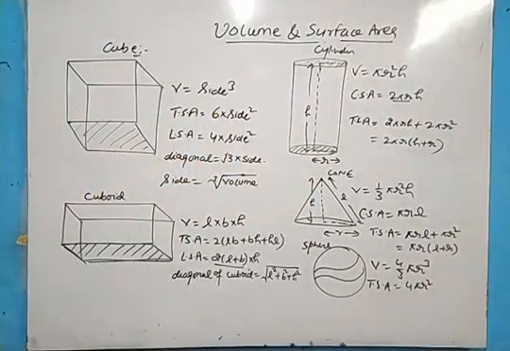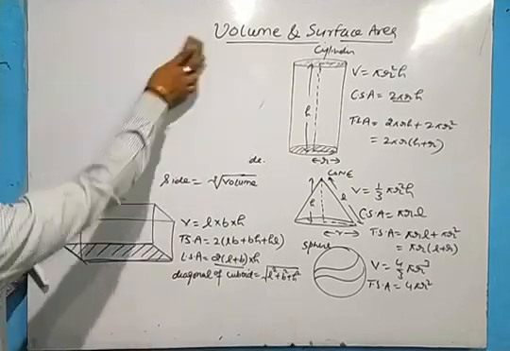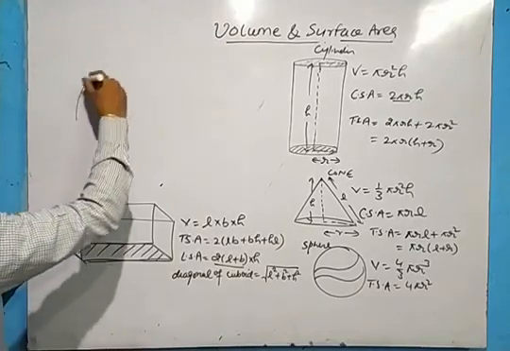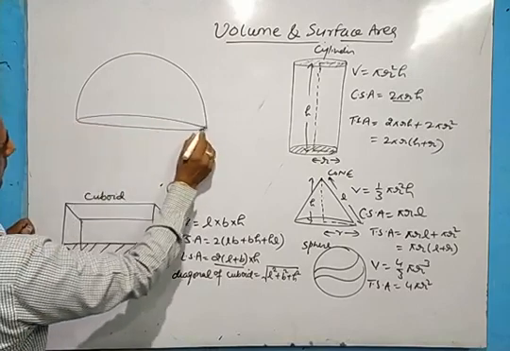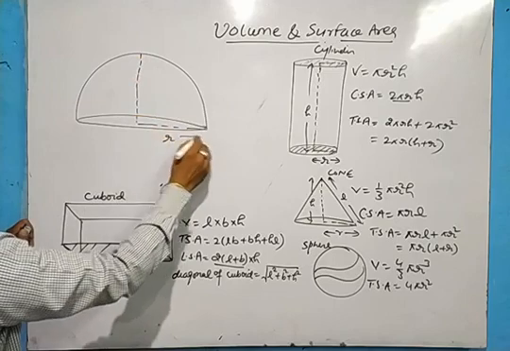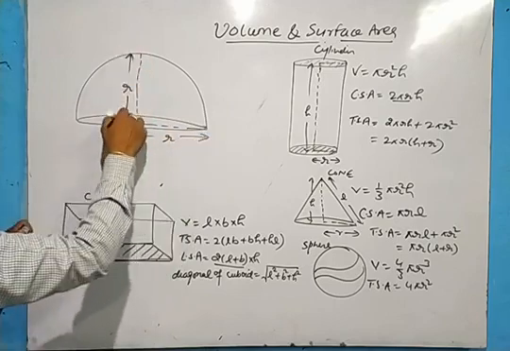And one last is hemisphere. Because I don't have space, I would like to erase this. Hemisphere. The half of the sphere is called hemisphere. This is radius. This also is radius.